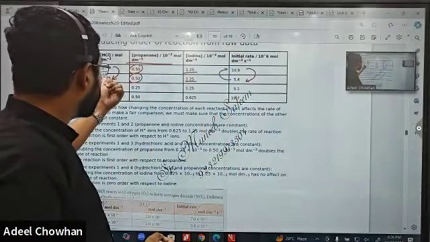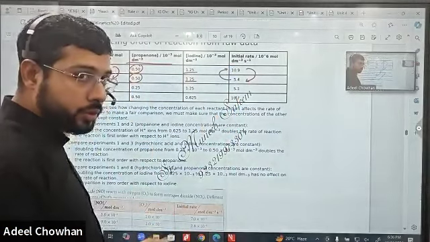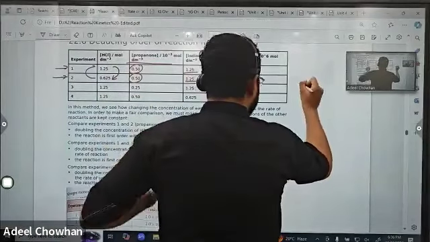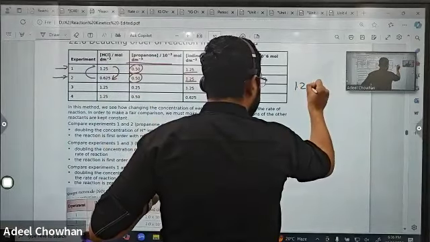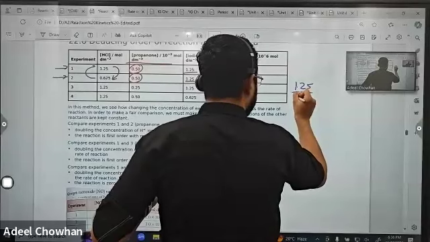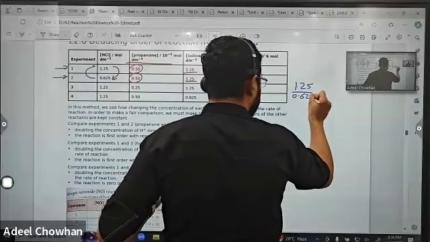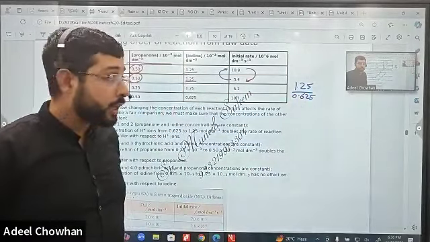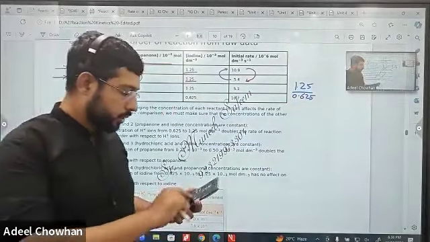Let's take the concentration values first. I have to check that 1.25 divided by 0.625 will give me the increase in the concentration. I can calculate this value on my calculator.